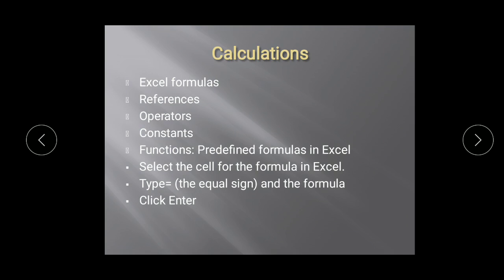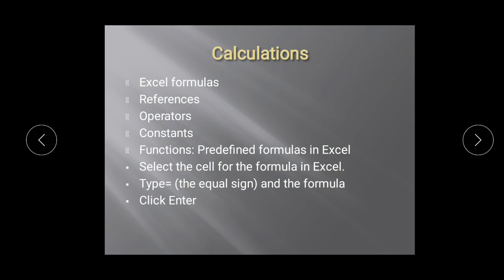Next is calculations. Calculations depend on many options, that is Excel formulas, references, operators, constants, functions, all those things. Excel formulas are your normal formulas which you can write using the equal to sign at the start in your cell.